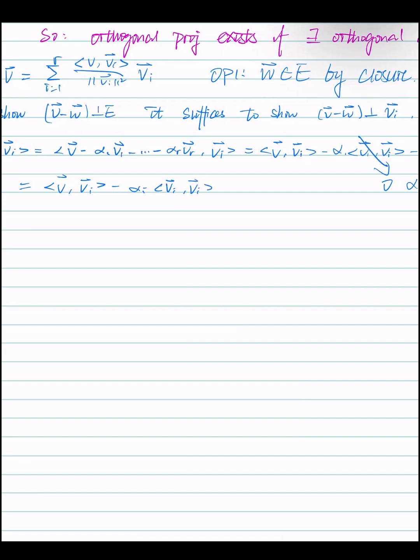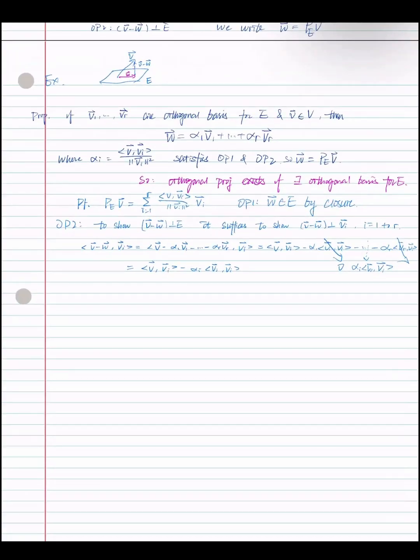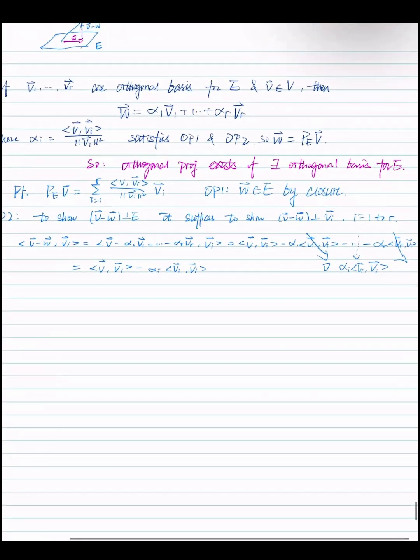I thought you can only take alpha 1 v1 vi to alpha r vr vi as 0 if it equals the 0 vector, like this linear independent thing. Can you explain the alpha 1 v1 vi equals 0?